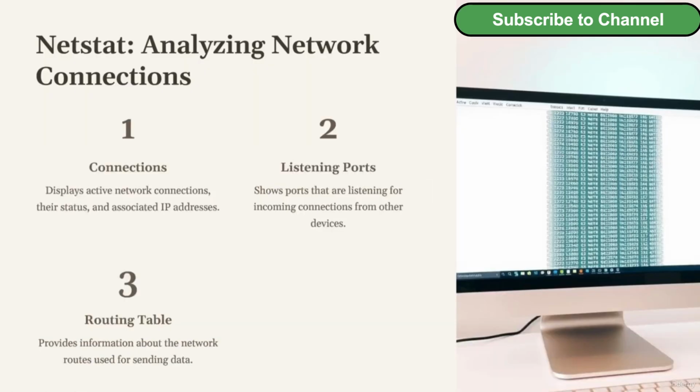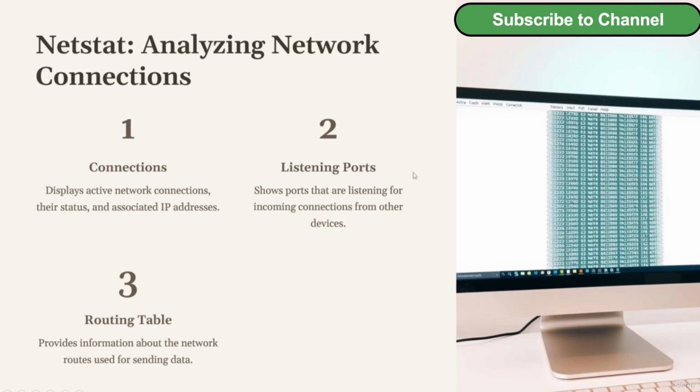The next one is netstat, analyzing the network connection. Netstat is used for analyzing the network connection. The first part is connection, second is listening port, and third is the routing table. Connection displays the active network connections, their status and associated IP addresses.